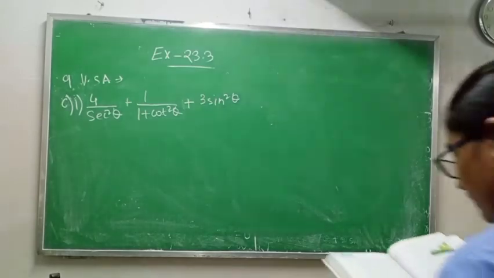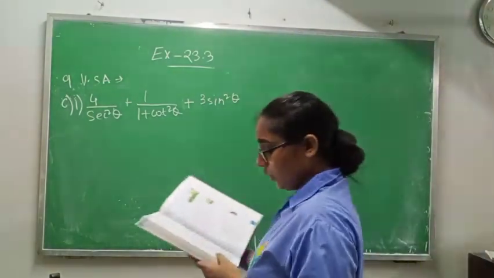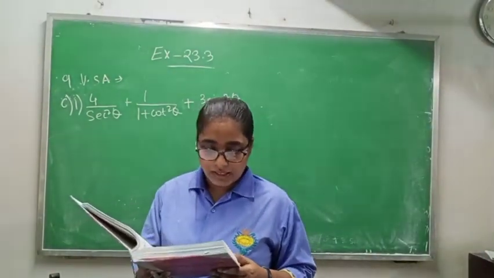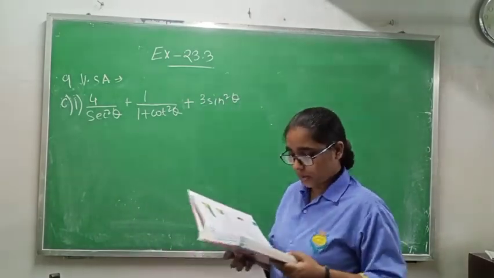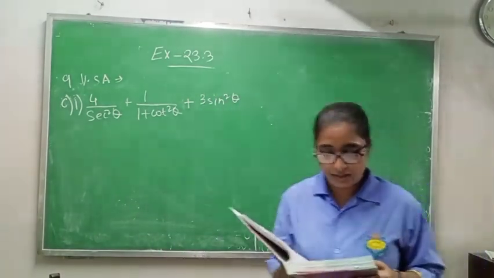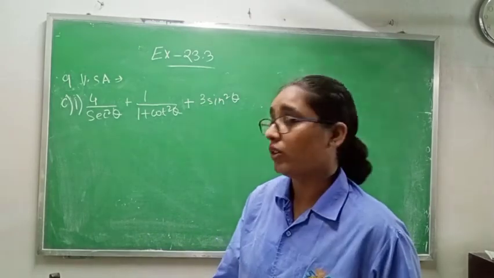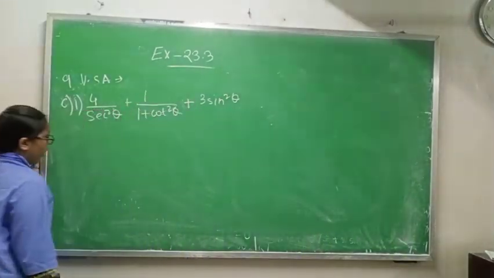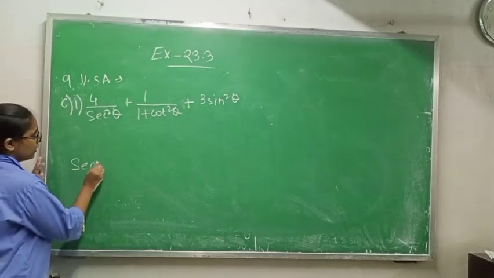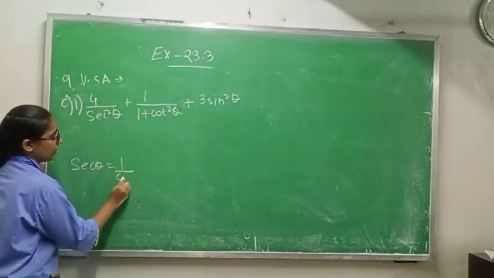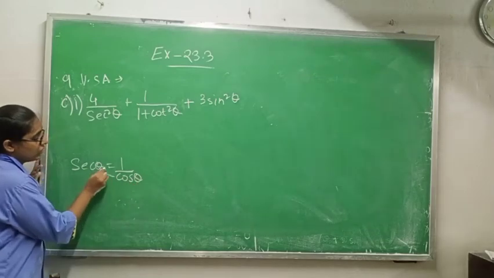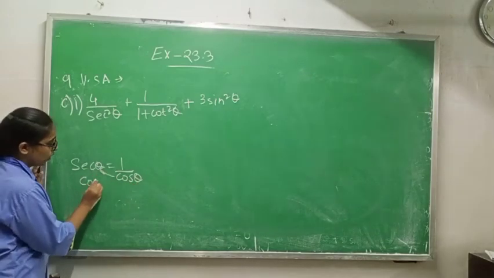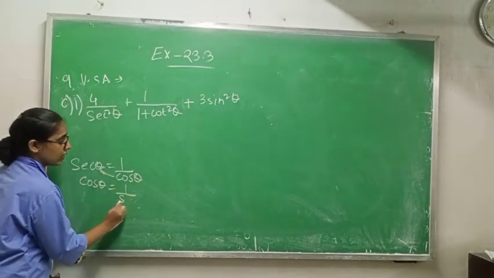Class 10. See fill in the blanks. Question number C1. The value of 4 by sec square theta plus 1 by 1 plus cot square theta plus 3 sin square theta is dash. You have to write the value of this one. Now how will you do? You all know that sec theta equals 1 by cos theta. If you change these places, you can write cos theta equals 1 by sec theta.